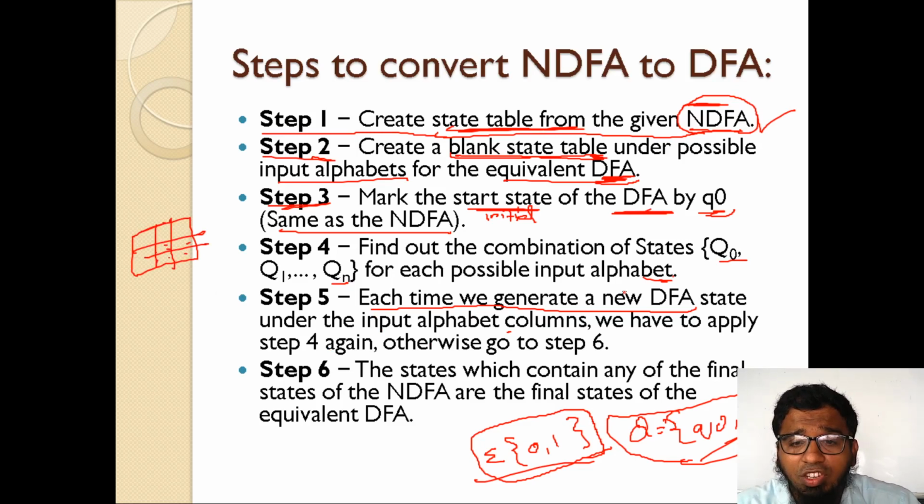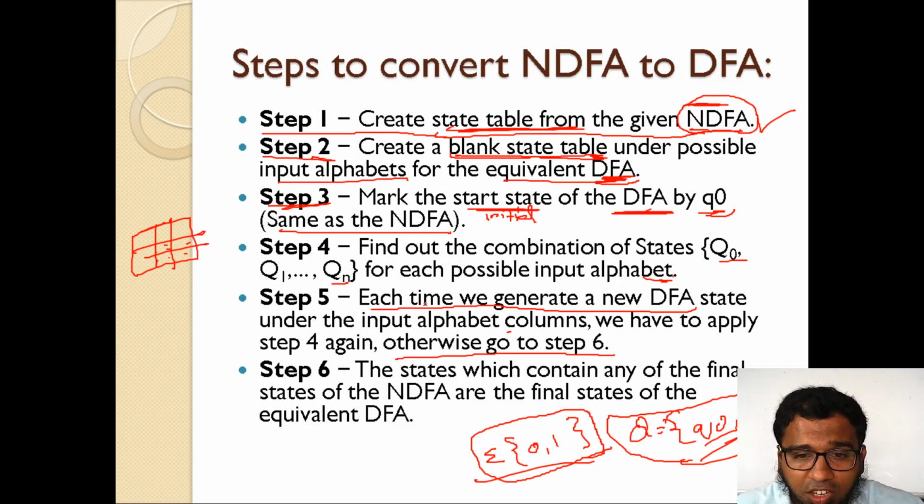So each time we generate a new DFA state under the input alphabet column, we have to apply step 4 again. Again and again we need to do this. If you don't have any new state, that means if you finish Q0 and Q1, then if you don't have any new input, at that time you need to go to step 6. Are you clear about this step 5?